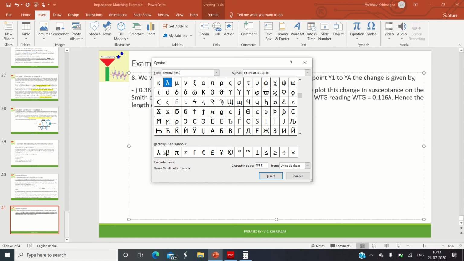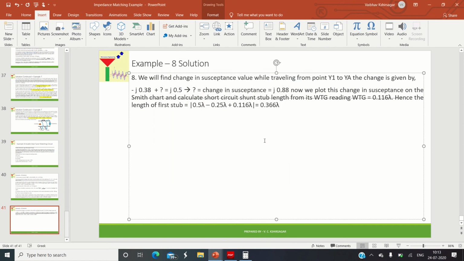The half of the solution is now achieved, and we have successfully calculated the length of the first stub. This length of the first stub is the admittance short circuit, also known as a short circuit length parallel stub. So half of the solution is over.